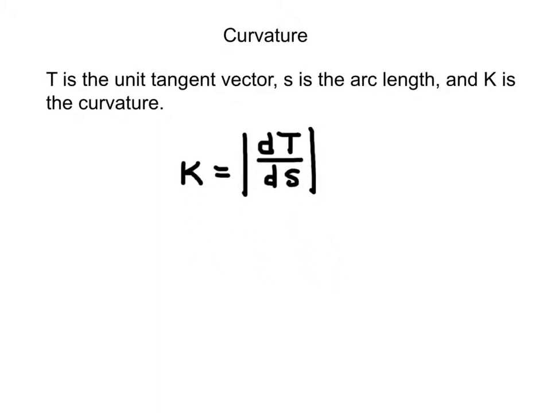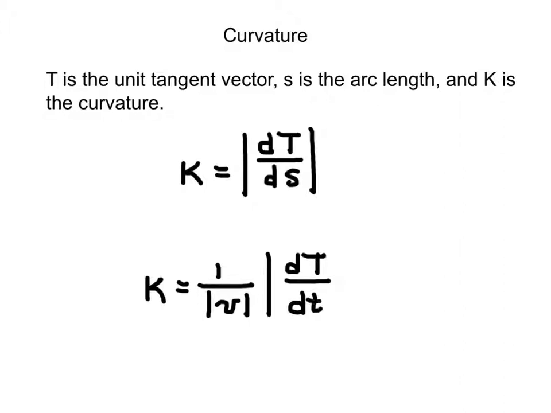And a more simple formula to use is that the curvature is 1 over the magnitude of the velocity vector times the magnitude of the change in the unit tangent vector with respect to the change in time.